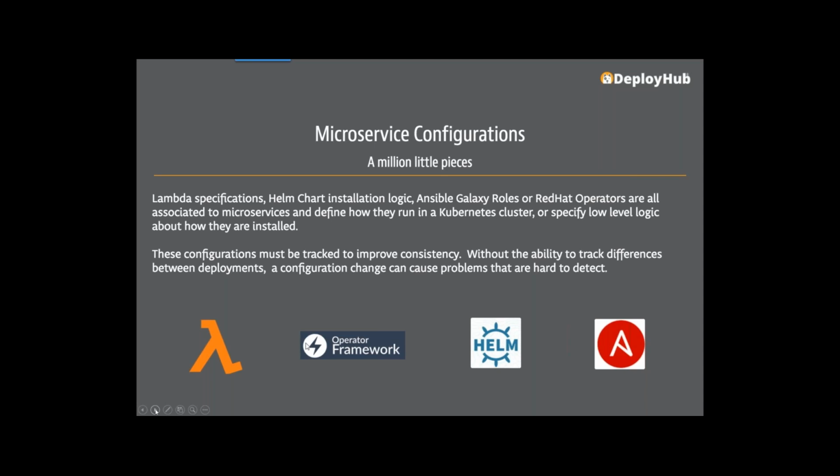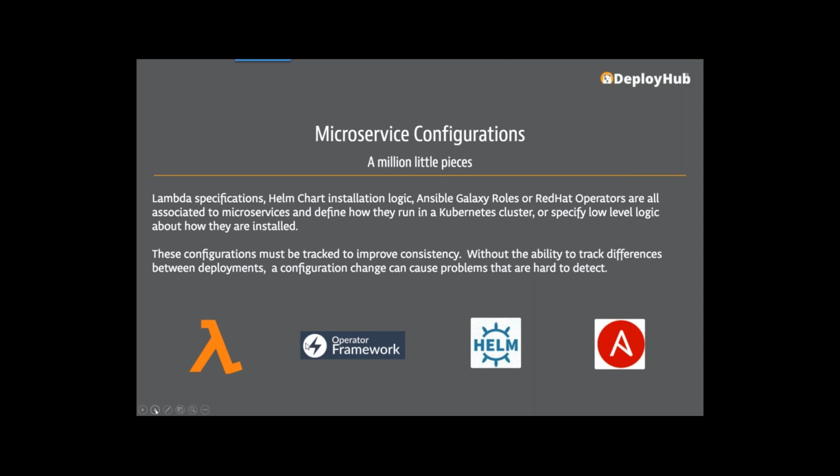Those configurations need to be tracked as well. So it's not just the microservice, but the logic that's installed with the microservice. For example, operators define how a particular container should interact with a Kubernetes cluster.